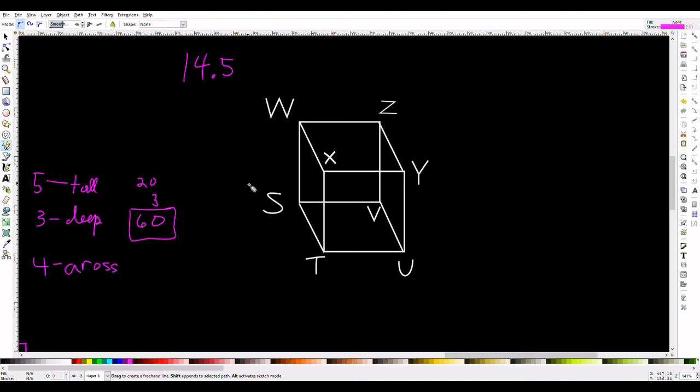We can figure that out using what we did to find the volume of problem 14.4. We know that it was some measure across, some measure deep, and some measure tall, and we multiplied these by each other. In this case, we know that that measure is the same in each direction. That's what makes a cube a cube. It's the same measure deep, across, and tall. And we'll call this measure S.